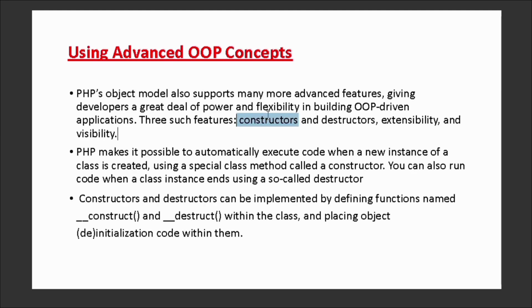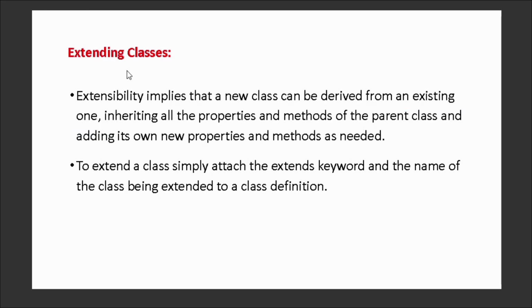Here you can see I have already covered constructors and destructors. Now it's time to cover extensibility and visibility. Extending classes. Extensibility implies that a new class can be derived from an existing one, inheriting all the properties and methods of the parent class and adding its own new properties and methods as needed.